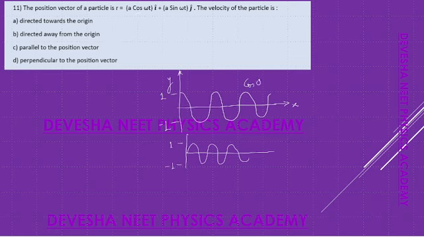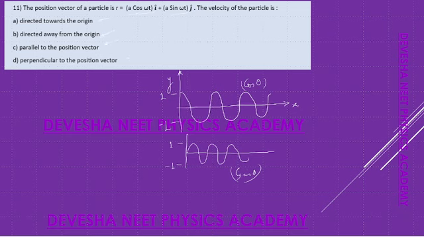So the position vector of the particle in the x direction is cos, and in the y direction it is sine. Here we cannot conclude whether it is directed away from the origin or towards the origin. So this is towards the x-axis, and similarly we can have it on the y-axis also.